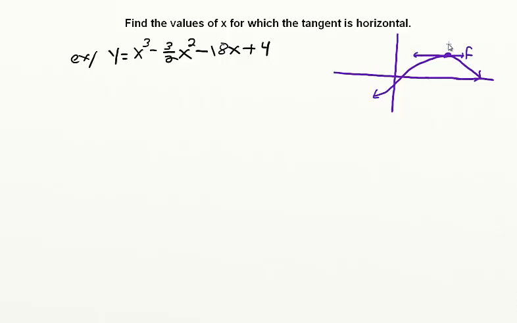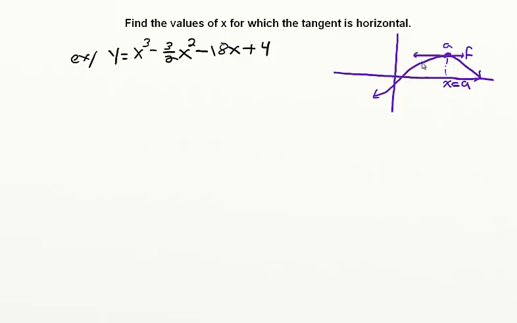So here's this point, let's call it A. And right at A, we have a horizontal tangent line. So x equals A is an x value where the tangent is horizontal. And that just means that the slope of the tangent line is 0. And now that you're looking at the graph of f, you can see that the slope of this line is indeed 0. So that's what we're looking to find.